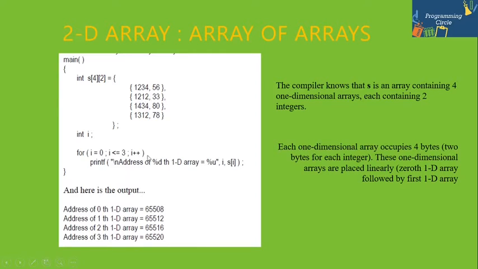By this process, if you write a for loop and print the address, %u being the unsigned address, you will get output like this. The 0th 1D array address is 65508.